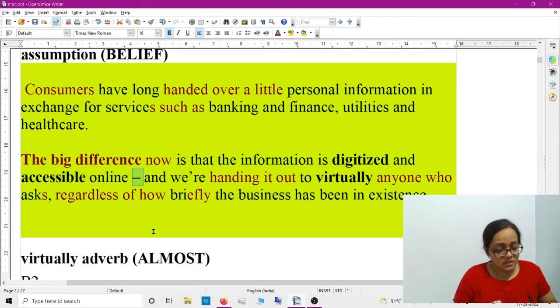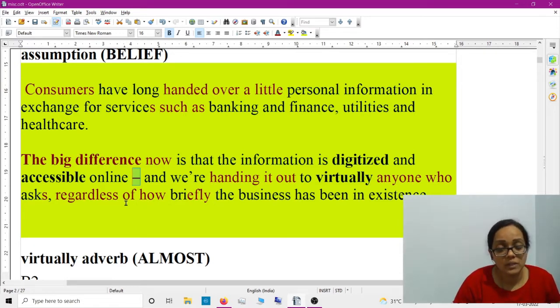So sometimes if you want to add an "and", even if you do this kind of hyphen, it will work, rather than using conjunctions. Punctuation, see, grammar means punctuation is also part of grammar, right? And we are handing it out, handed over, handing it out to virtually anyone who asks, regardless of how briefly the business has been in existence.